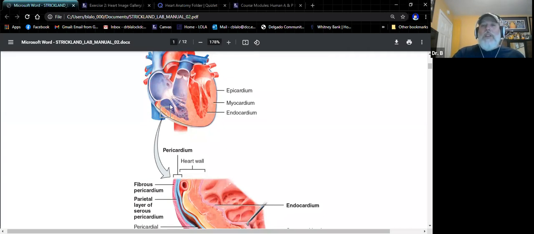There's a lot of different answers that could be given to something pointing to something in here. If the question says identify the chamber, then you would tell me right ventricle. If it says identify this structure, you would tell me the papillary muscle, which is what that is right there. If it says identify this layer, then you would tell me endocardium.